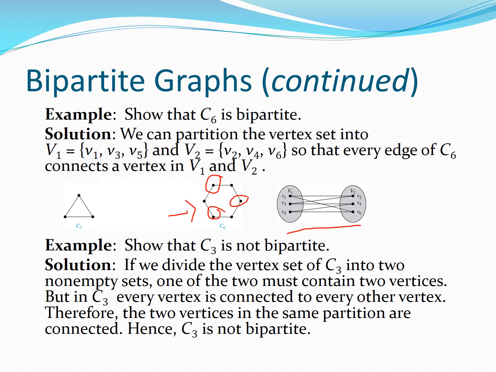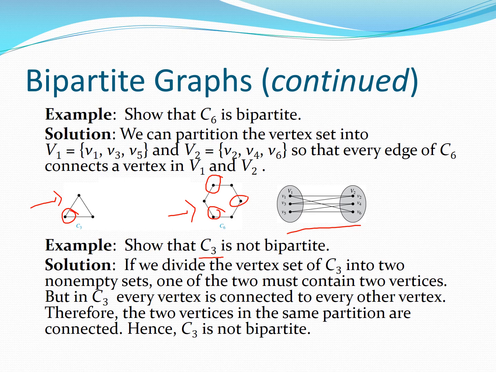Alright, so let's look at the other example here. Show that C3 is not bipartite. So here is your graph C3, a cycle that contains three vertices. There is no possible way to divide these three vertices into two sets. Because if we put one vertex in one set and the other two in the other set, then you have an edge between the two vertices in the same set, right?